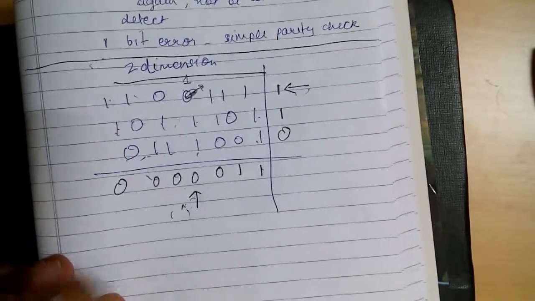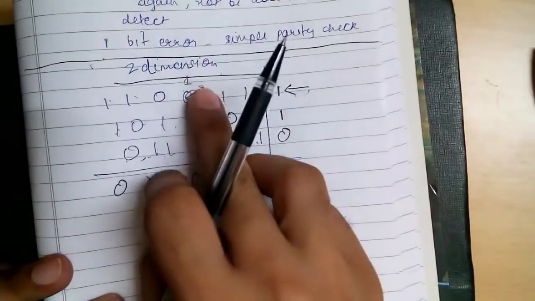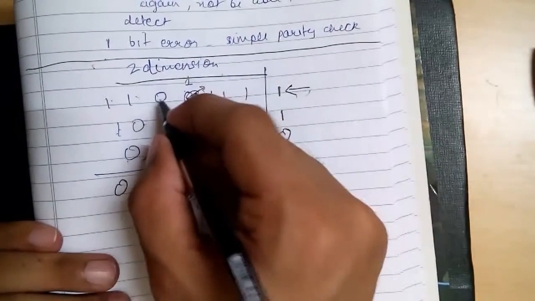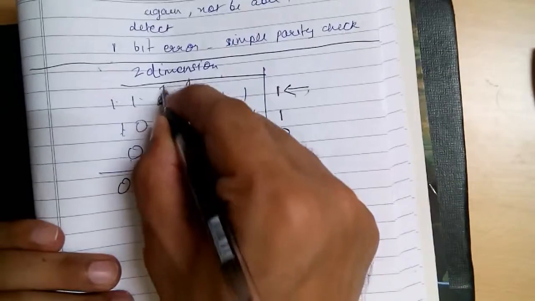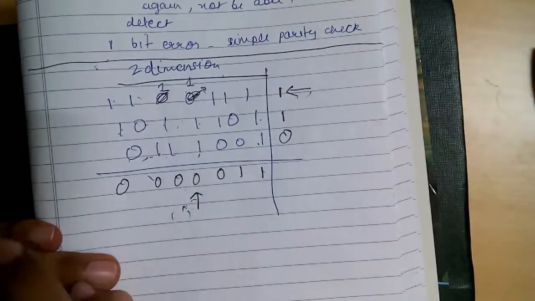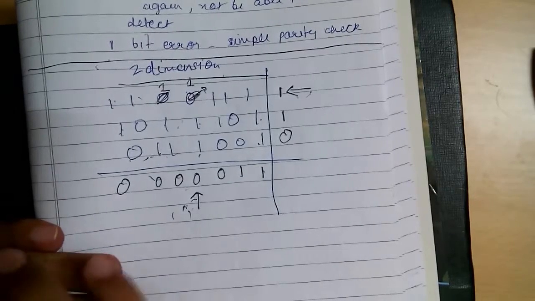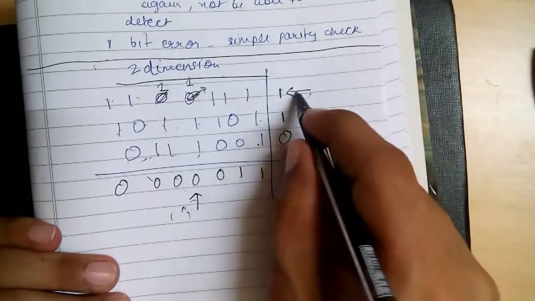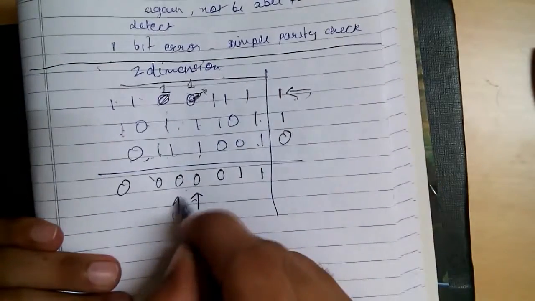What if, as the problem in the previous one was, 2 bits were corrupted and we were unable to detect? Let's say 2 bits are corrupted. Let's say this also gets corrupted to 1. Of course the changes will be here, we won't be able to detect, but we will be here.